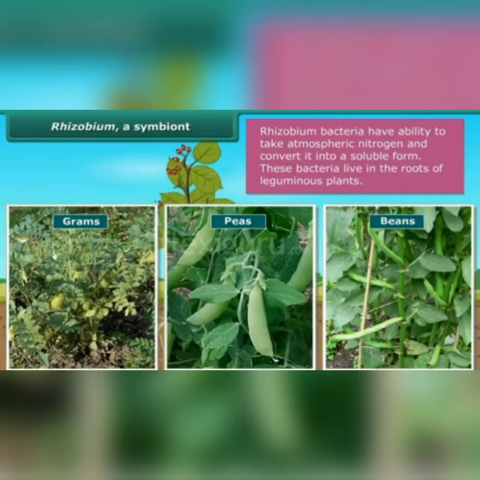The bacterium Rhizobium converts atmospheric nitrogen into soluble form and lives in the roots of legumes, and the plant provides it food and shelter.